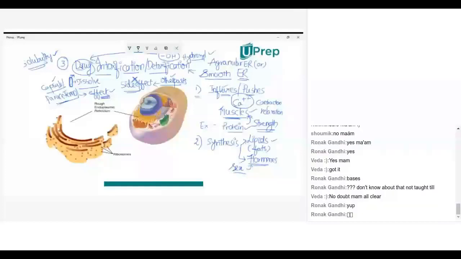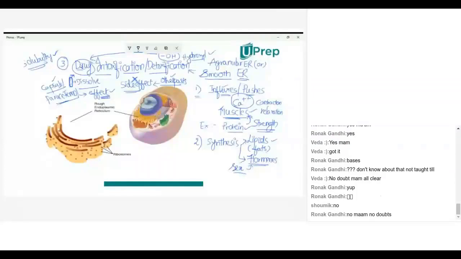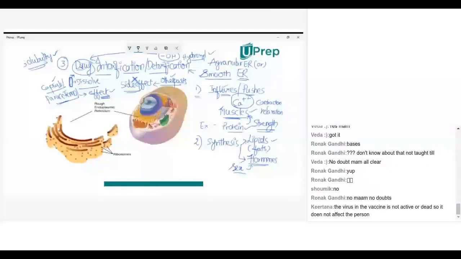If the virus is causing the disease, then why are we giving this virus again as vaccine? Yes. Excellent. Very good, Kirtana. That's what, here we call active form and inactive form. When the corona virus is active, it causes the disease.